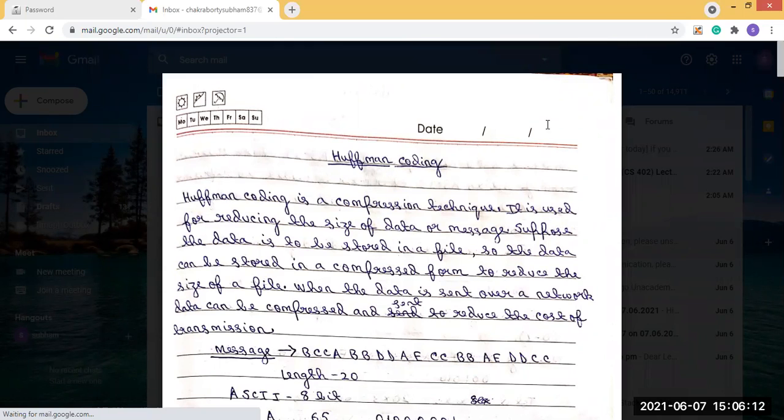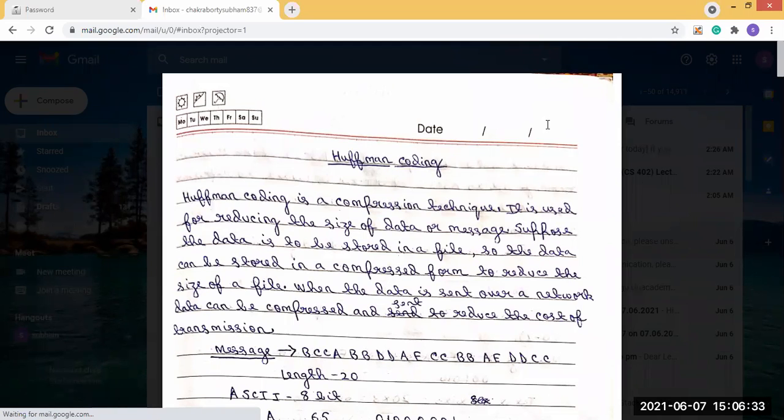Suppose the data is to be stored in a file. We can store the data in compressed form. Why is this used? To reduce the size of the file.